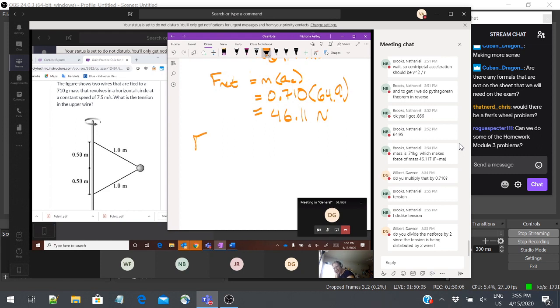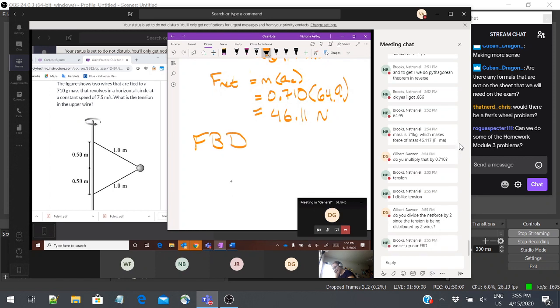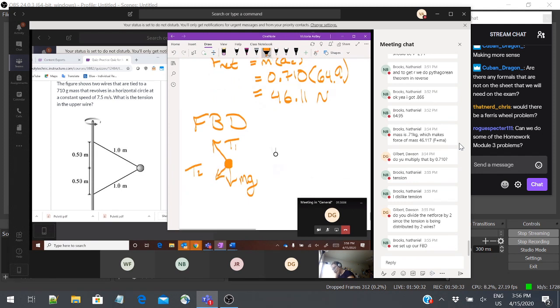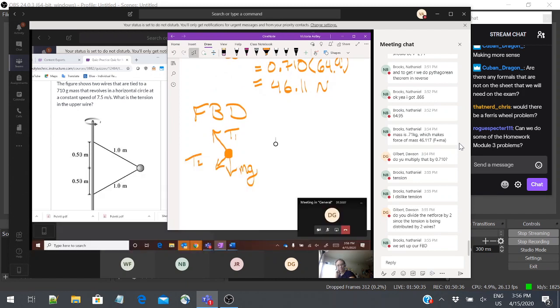I would draw a free body diagram. So I have tension this way, I have tension this way, and I have gravity this way. This is going to be slightly less, right? So we have tension 1, tension 2, and gravity. And we know that if we add these up, we should get our net force.